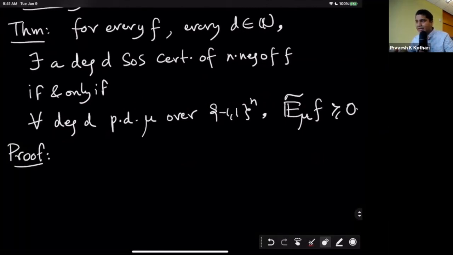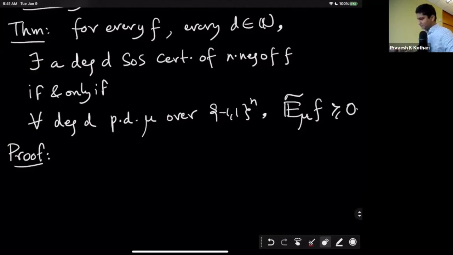Remember that even if f is non-negative over the hypercube, it may not have a degree d SOS certificate of non-negativity when d is much smaller than 2n, in which case this theorem says that there is a pseudo distribution under which the pseudo expectation of f is strictly negative. f was strictly positive everywhere, but its pseudo expectation is still somehow negative. That's what this theorem is saying.